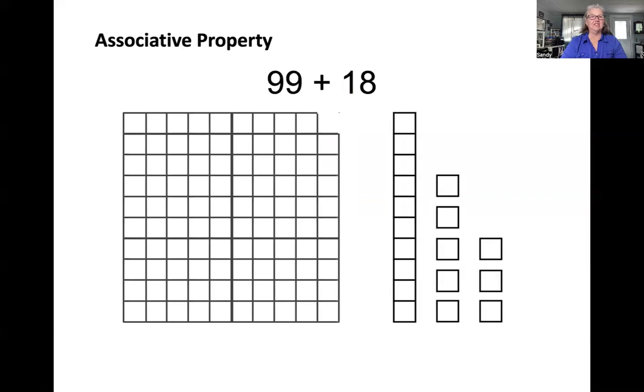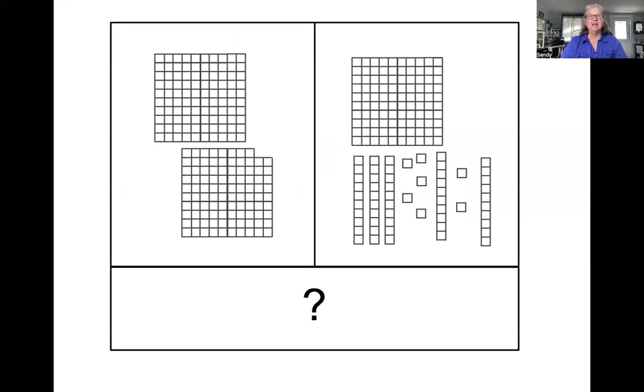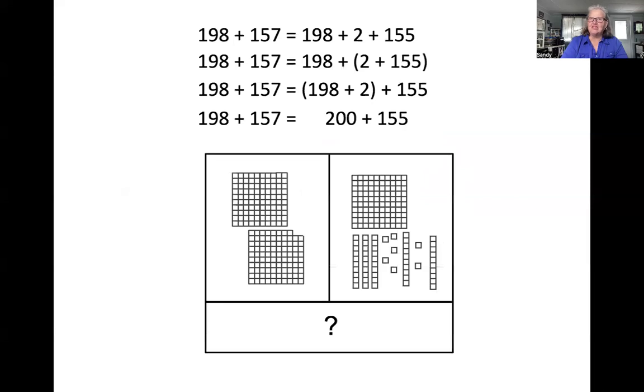Now, I can extend that. 99 and 18, see, I could fill that hole up there with one of the ones, same as 100 plus 17. No regrouping needed. I could do an image like this. Notice I've got 198 on the left. I've got 157 on the right. See, once I start to do this, I can use that associative property again.